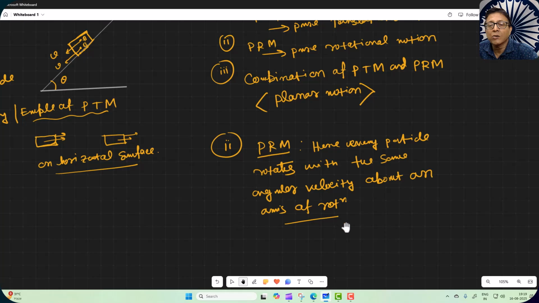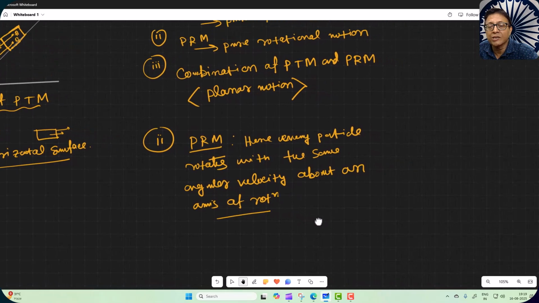Every particle rotates with the same angular velocity about an axis of rotation. There are various types. We will be discussing only where all particles have the same angular velocity about a fixed axis of rotation.